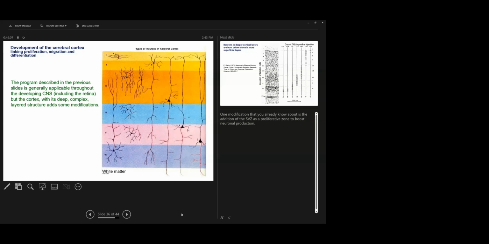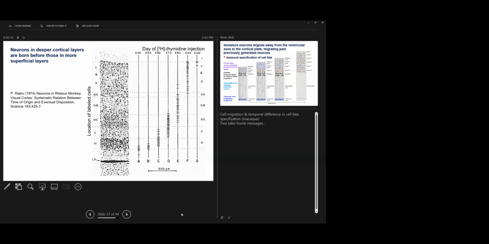In the previous slide I was talking about the program required for the developing CNS, both the cortex and different layers of the cortex. But here I want to highlight the visual cortex and also different regions of the cortex, and study the neuronal fate in different layers of the cortex.